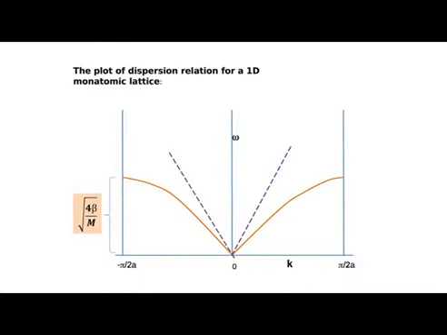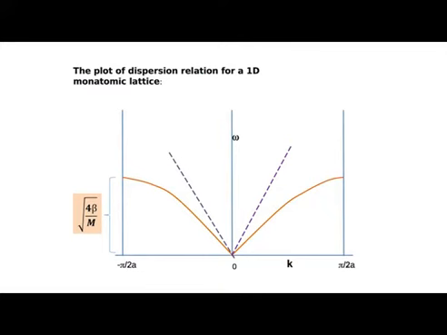The boundary of the vibrations could be approximated to be the boundaries of the first Brillouin zone. Do you remember what the boundary of the first Brillouin zone was? It was from minus pi by a to plus pi by a, where a was the lattice constant.